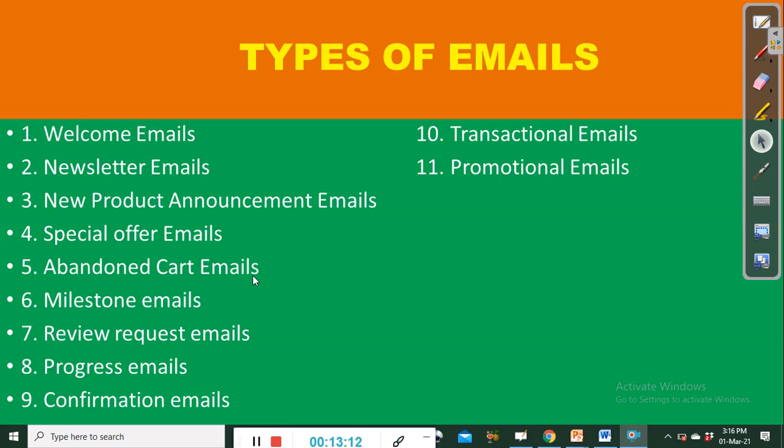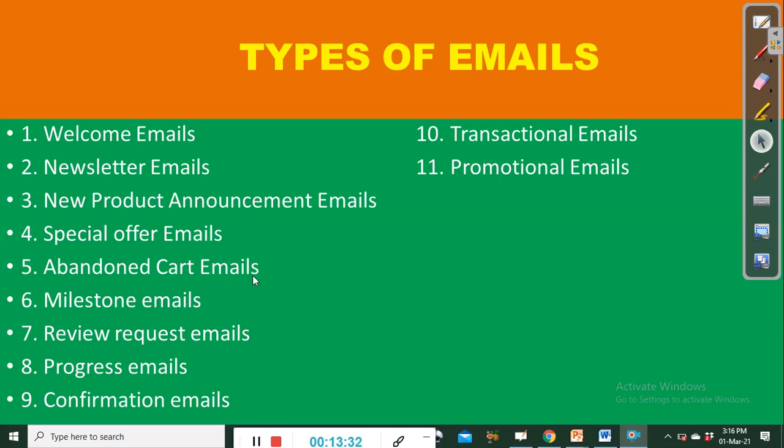The announcement email, just as the name implies, is meant to announce a new product that the company is about to launch.